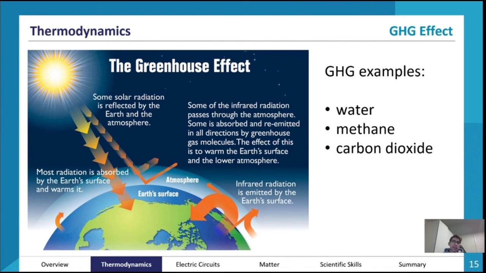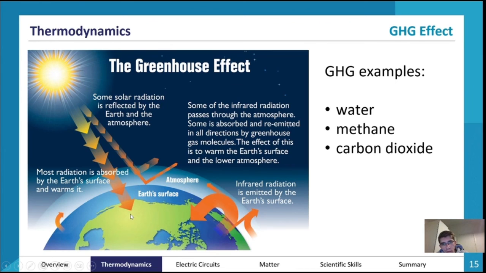The greenhouse gas effect is a very interesting one because it encapsulates everything that we have learned about thermodynamics, where essentially rays from the sun are hitting the earth and they are reflecting back. But what happens is that this thermal radiation from the sun comes through the atmosphere, and then some of it will be reflected, but some of it will be absorbed again in the Earth's surface.